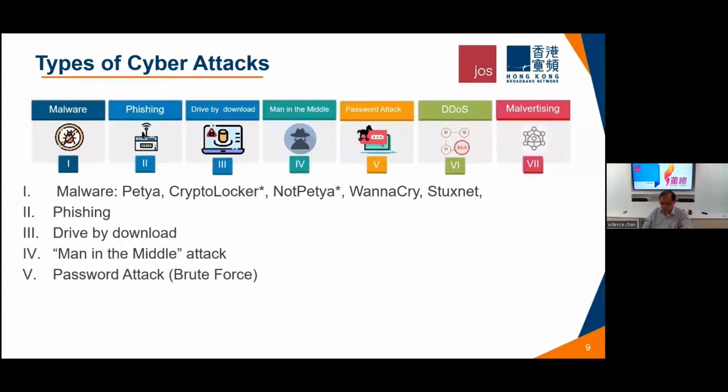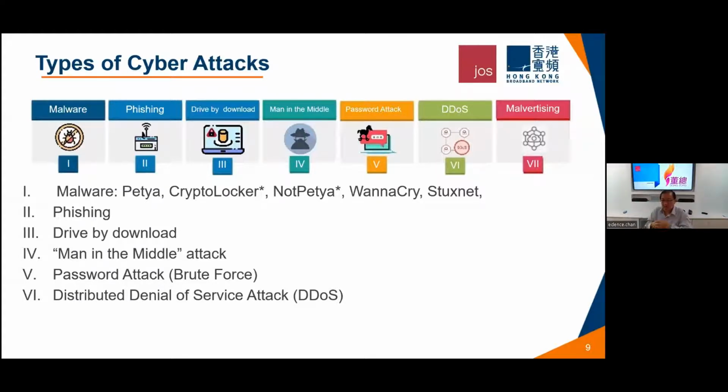All right. Okay, the next one, DDoS, distributed denial of service attack. This one is very common where the cyber criminal wants to make your business website crash. Okay, how do they do that? They can use IoT, Internet of Things devices. What is IoT devices?